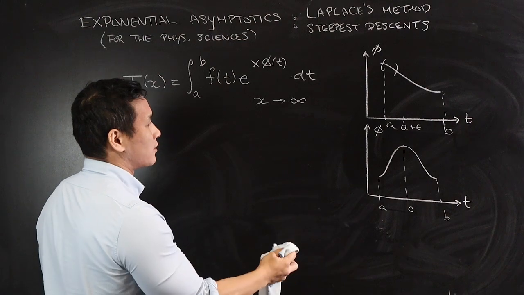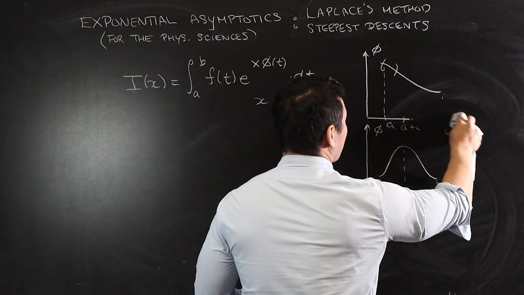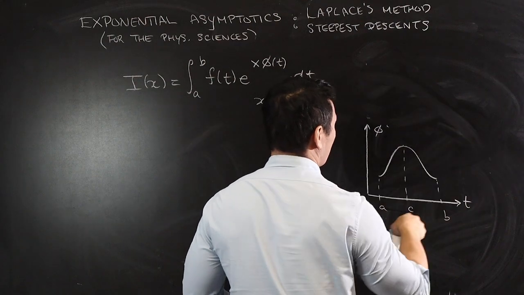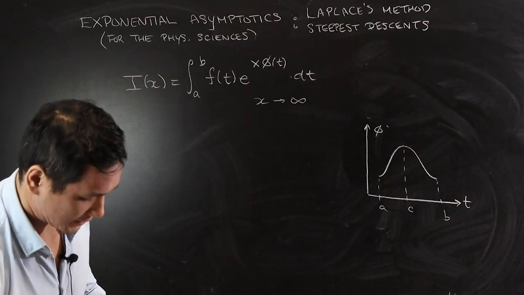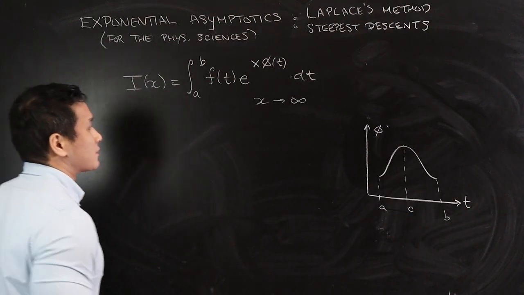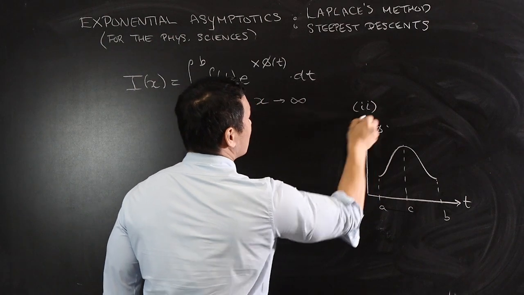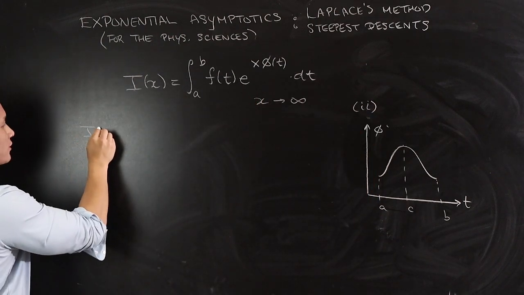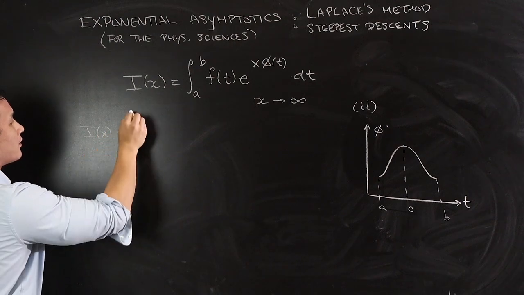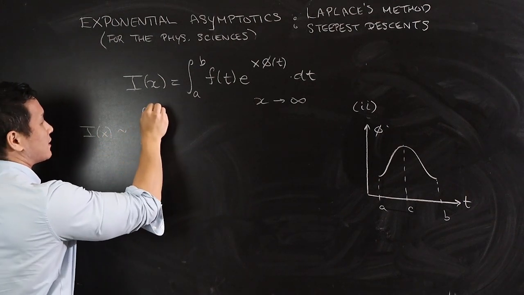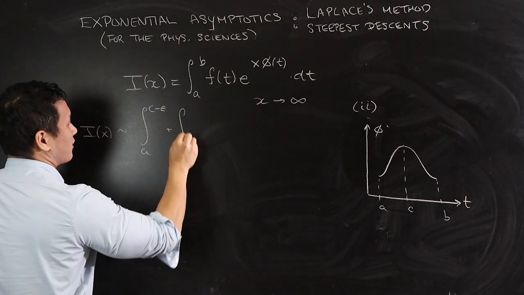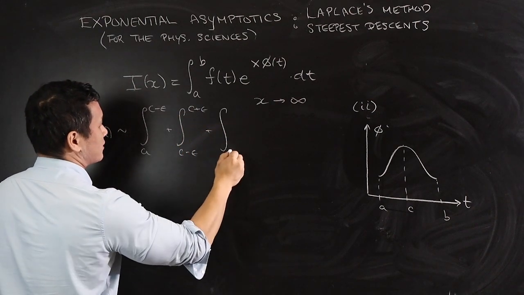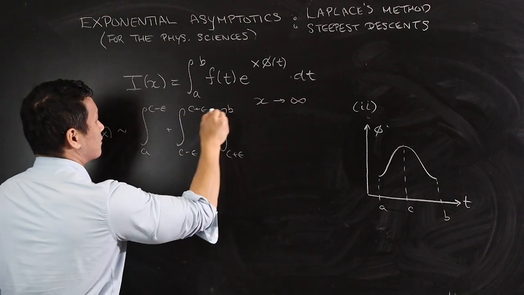So we're going to do the example for this version of Laplace in the second picture, where you have the internal maximum. Okay, so let's call this case 2. And so it starts off largely the same. You're going to split I into an integral from a to c minus epsilon, and then from c minus epsilon to c plus epsilon, and then from c plus epsilon to b.